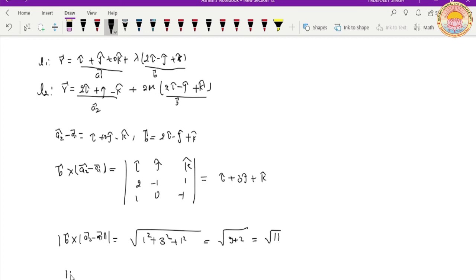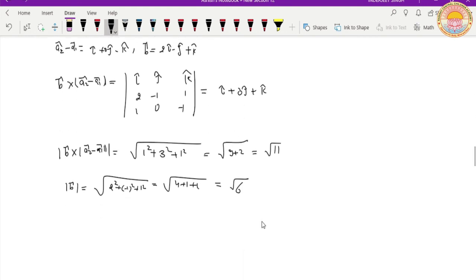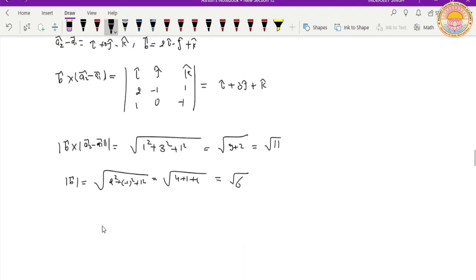And the magnitude of vector B is given by 2 square plus minus 1 square plus 1 square, which will give 4 plus 1 plus 1, which is equal to square root of 6.